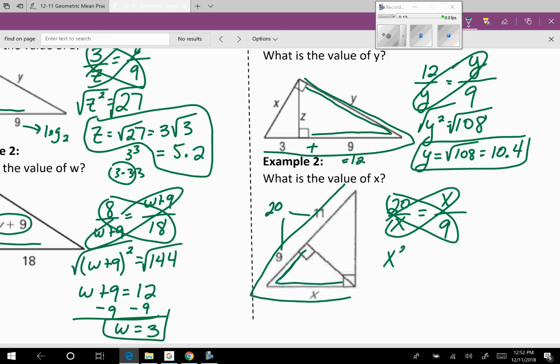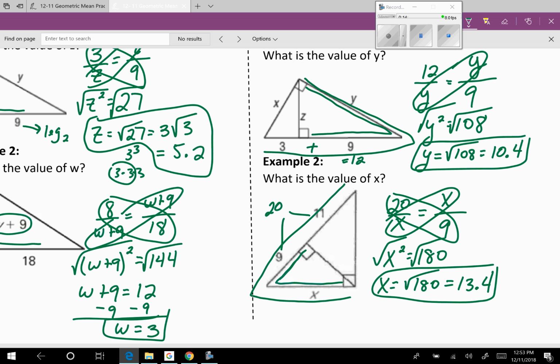X times X is X squared, 20 times 9 is 180. Now take the square root. So X is the square root of 180, which if you do that in your calculator, we'll just get the decimal. It's 13.41, so it just stays as 13.4.